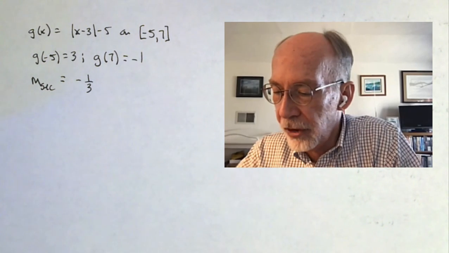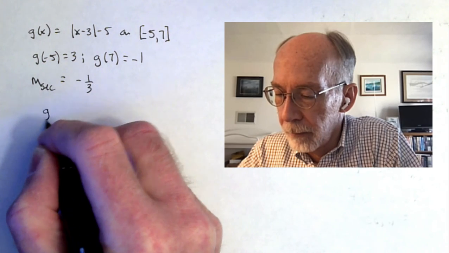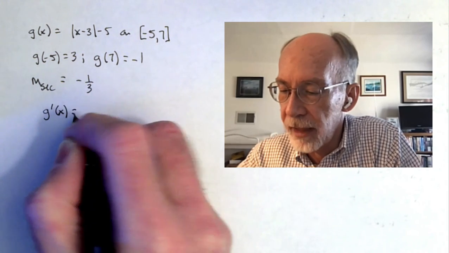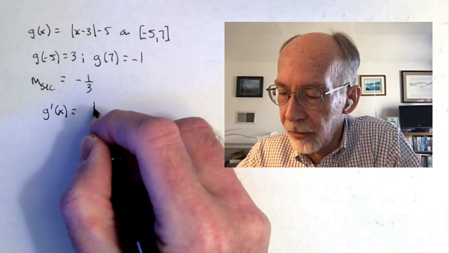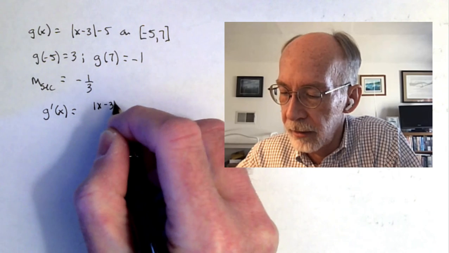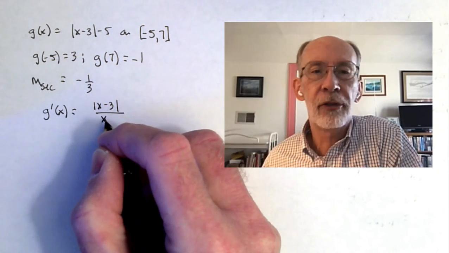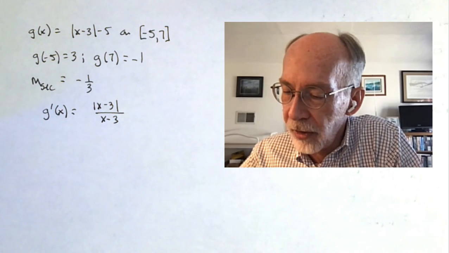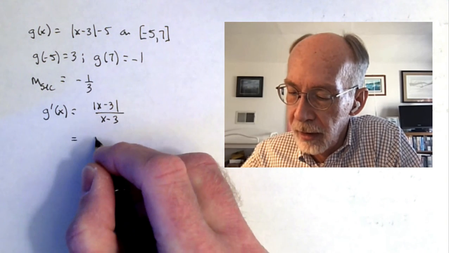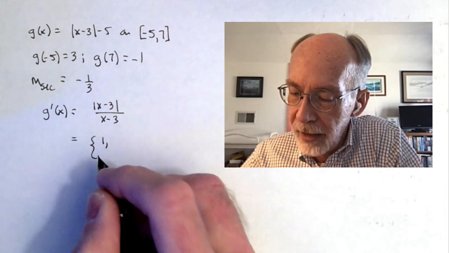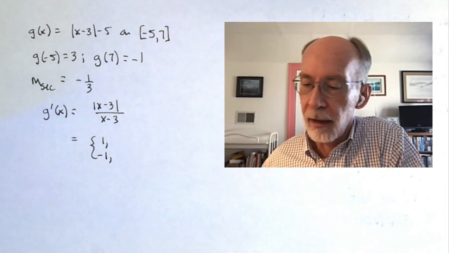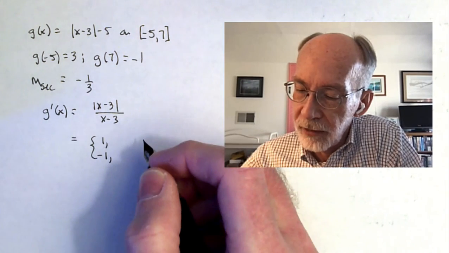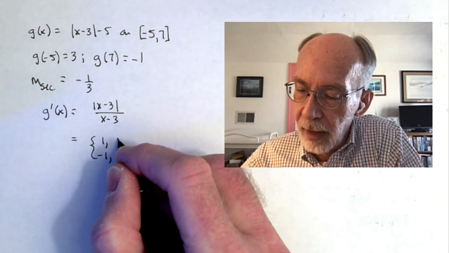If we take g prime, we find that it's the absolute value of x minus 3 over x minus 3, plus 0, no chain rule. And this in turn is either 1 or -1, depending on where we are. It is 1 for x greater than 3.